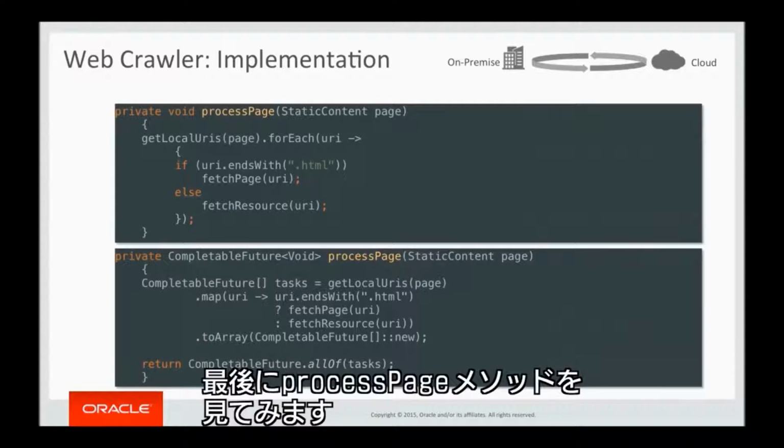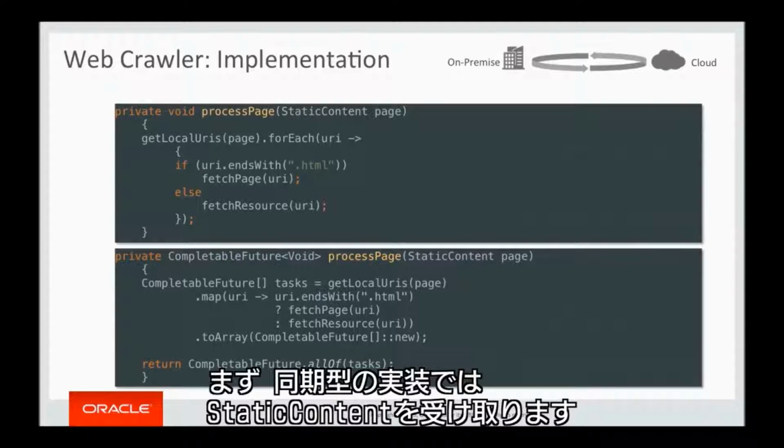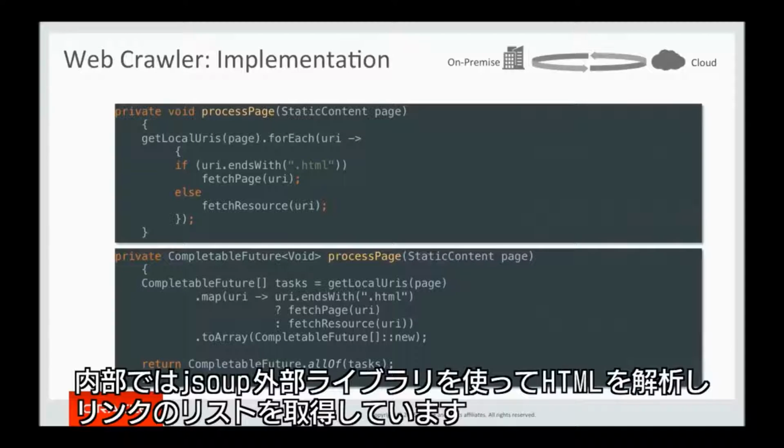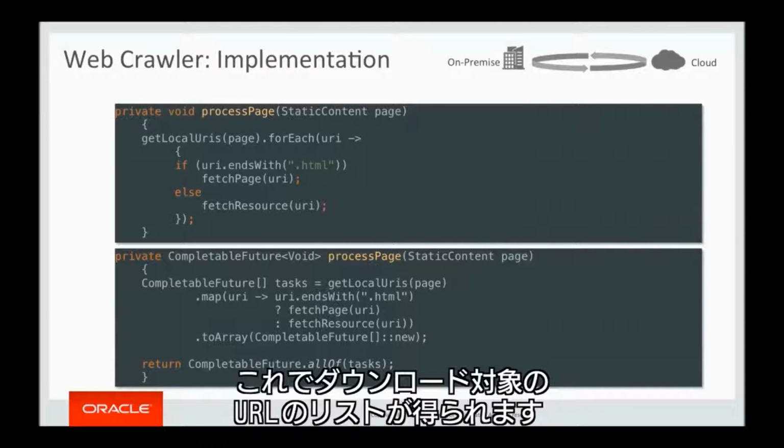And finally, we have the process page method, which again in a synchronous implementation receives static content. It uses a helper method to get local URIs, which actually uses JSoup to parse the HTML and get the list of links from it. It filters the links, etc. So in the end, what we have is a list of URIs that we do want to download.